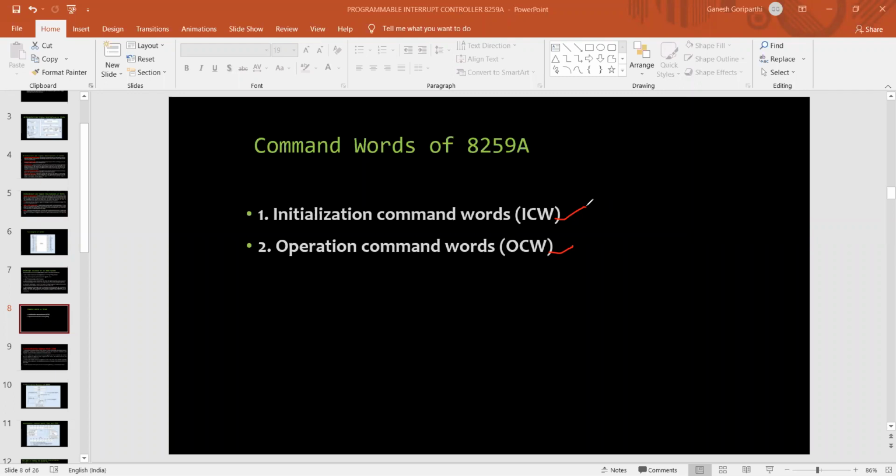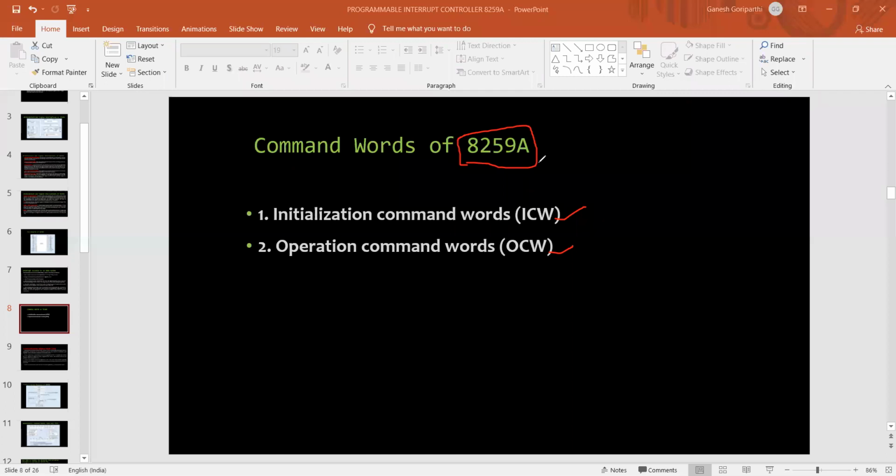What is the necessity of having two different command words? First, we need to initialize the 8259, to start it up and decide in which mode it has to work. We have the possibility of cascade operations, which we discussed in the architecture part. That means we can operate two or more 8259s in cascade mode.